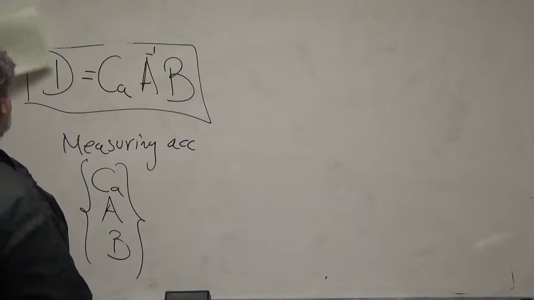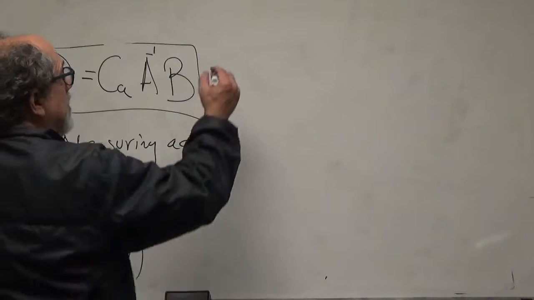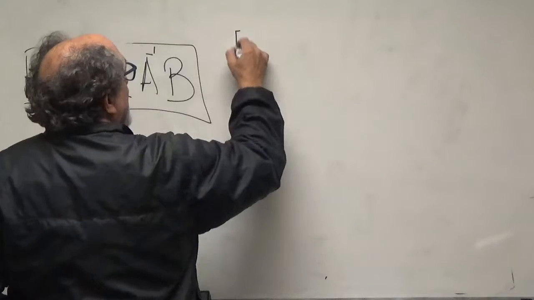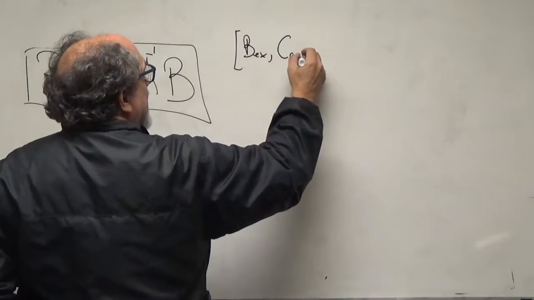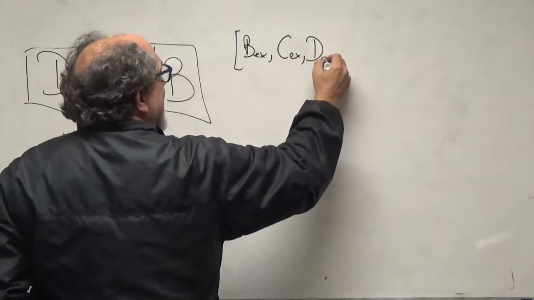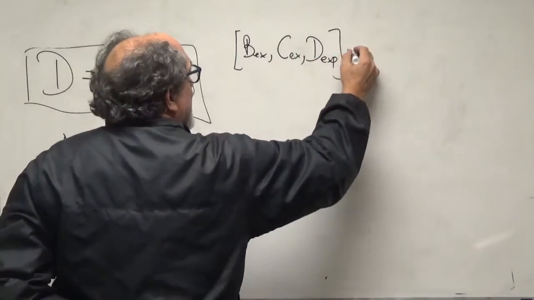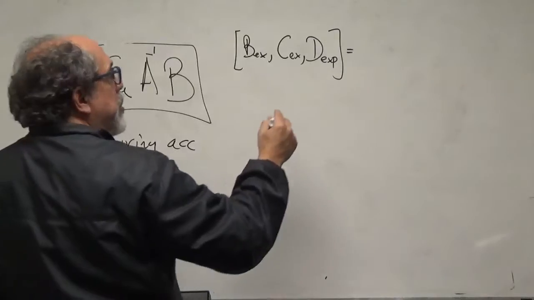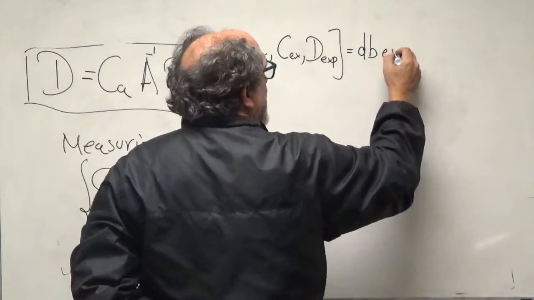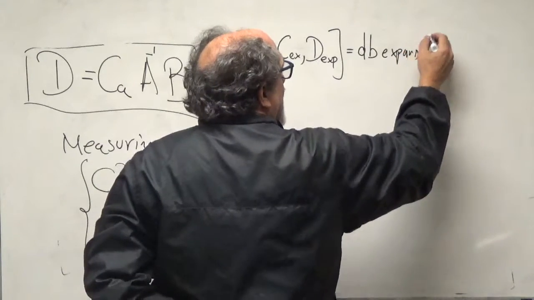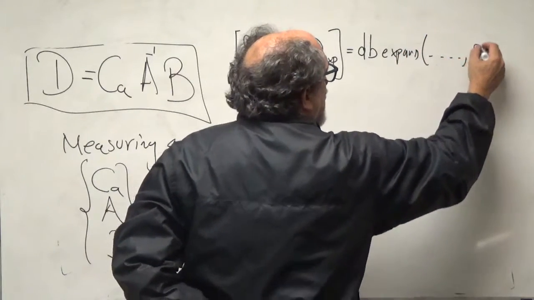So in my computer code, actually, I wrote B expanded, C expanded, and I also called it D expanded. And then inside the code, I put that, in addition to the inputs, I put a flag.